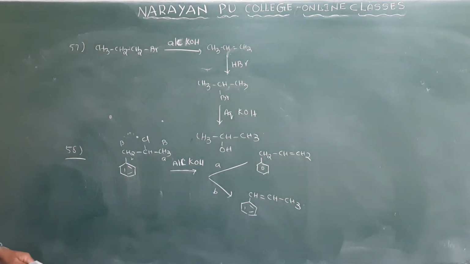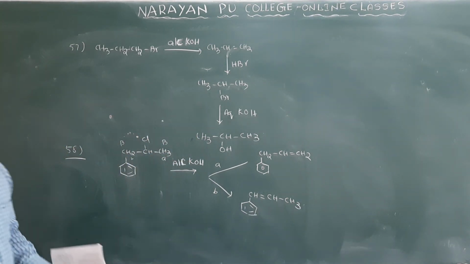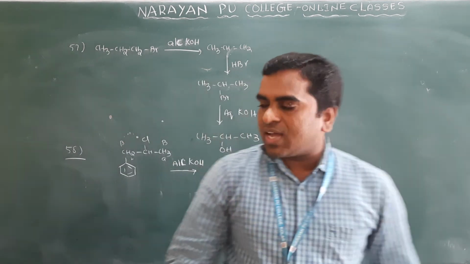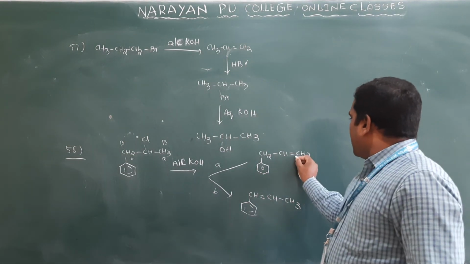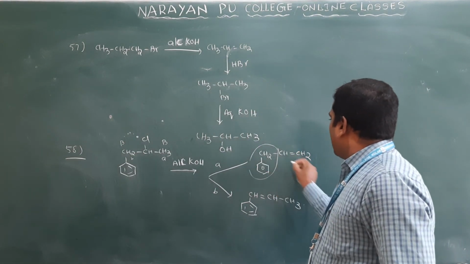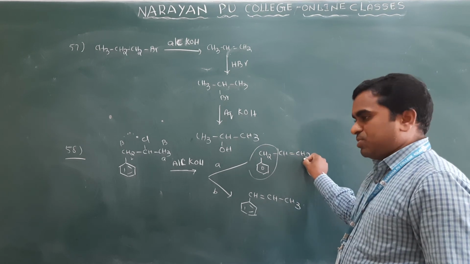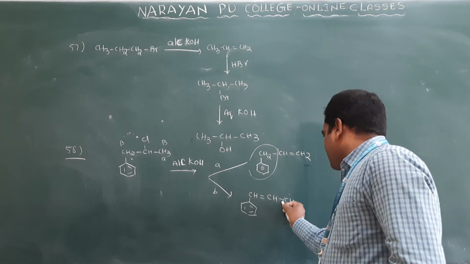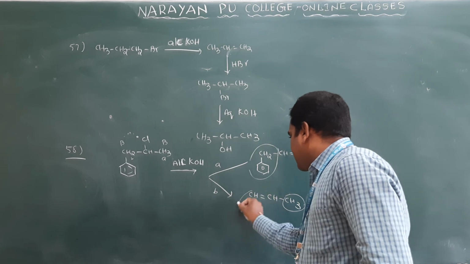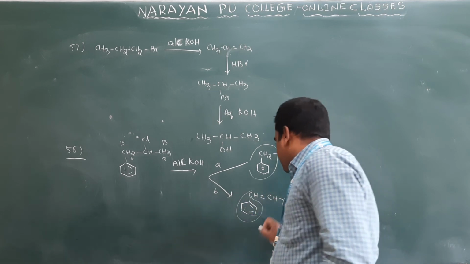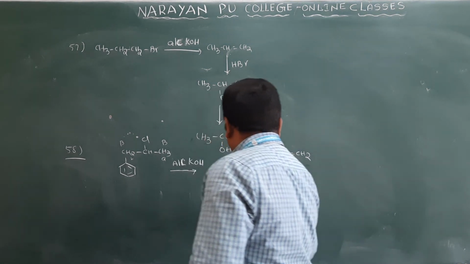Which one is the major product? According to Saytzeff's rule, the more substituted alkene is the major product. Here there is only one alkyl group, and hydrogens are never considered as substituents. And here, this is one alkyl group and this is one group, so two substituents. That's why this is the major product.